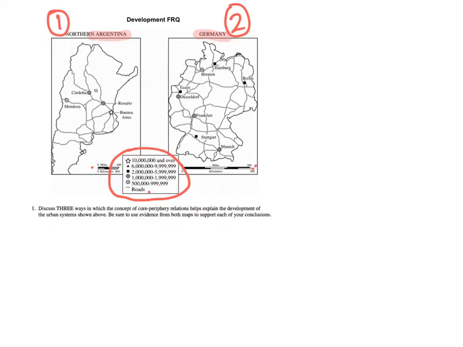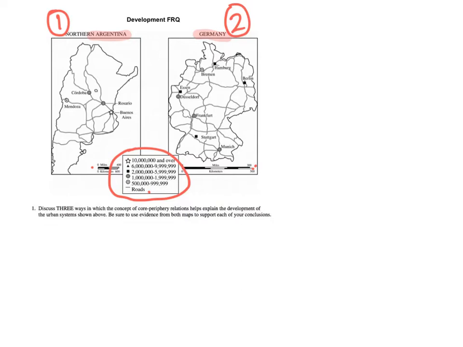You want to take this stimulus in. You want to see what you can glean from it, what you can get from it, what it kind of is hinting at. So looking at these two maps, it's telling me that I'm going to need to compare in some way Argentina and Germany. I already know that there's a lot of difference between the two countries based on development, based on location, based on culture, all of those different kinds of components.